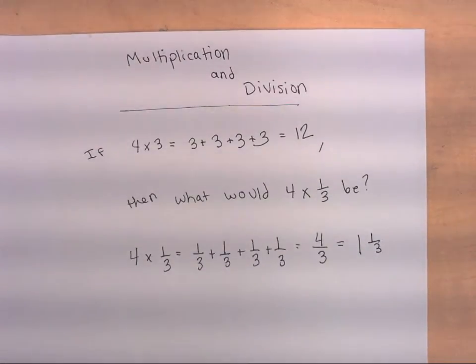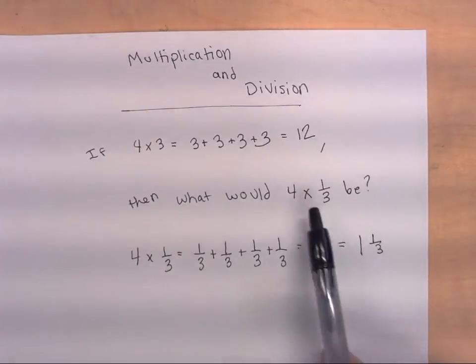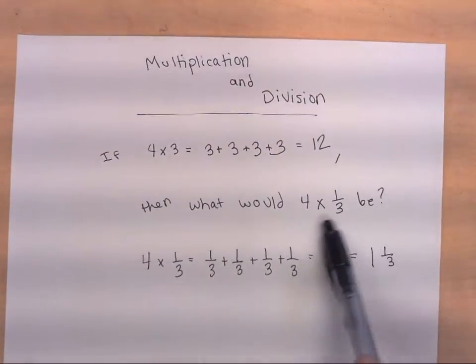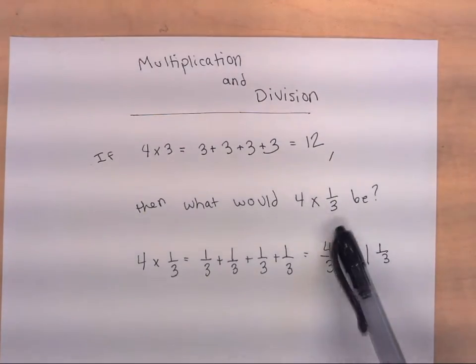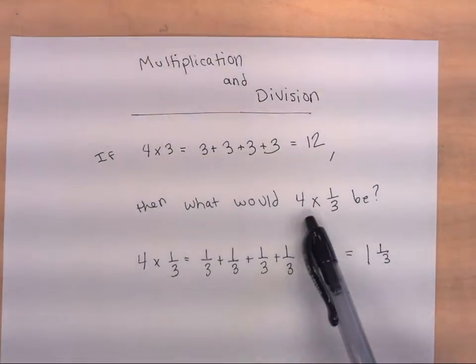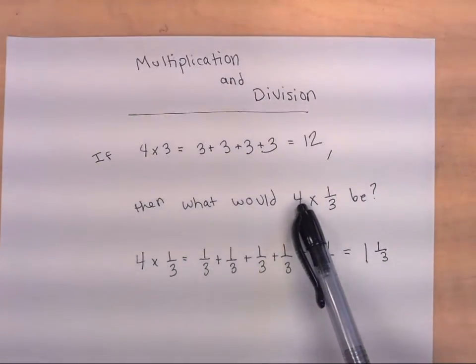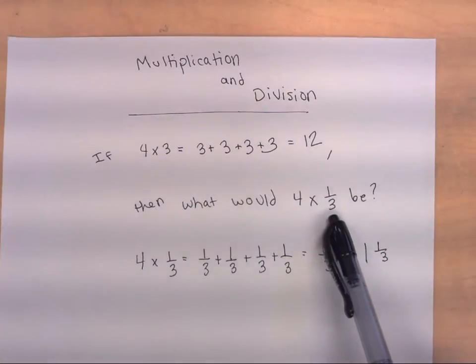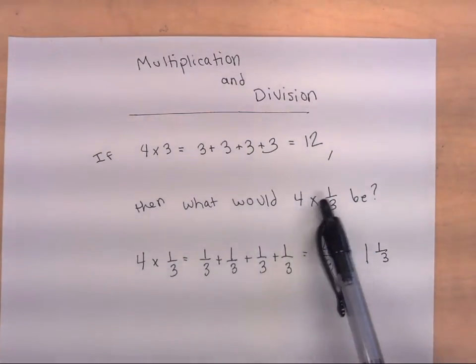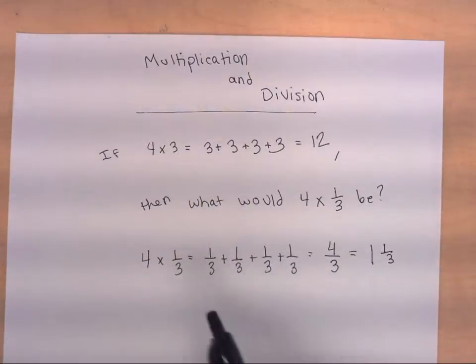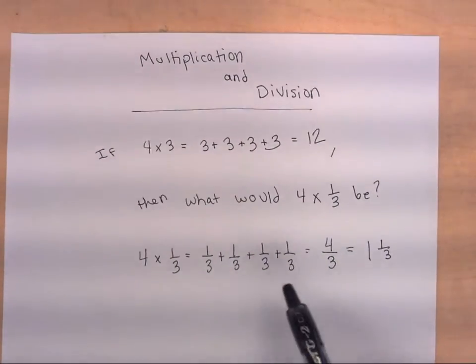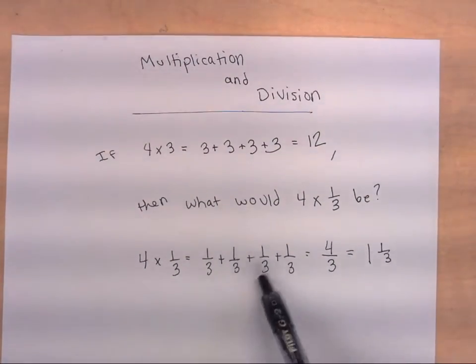But the main point for me was to help students understand that the meaning of multiplication hasn't changed just because we're introducing fraction factors. We're still talking about a number of groups that have an equal value. So this would be 4 groups of 1/3. So understanding that multiplication as an operation is in fact repeated addition.